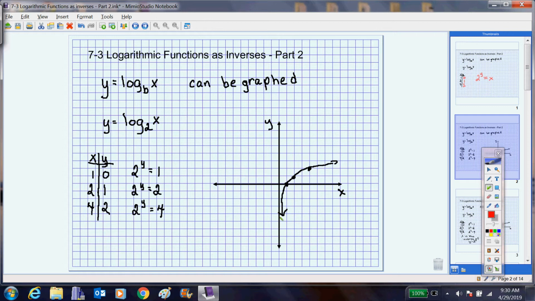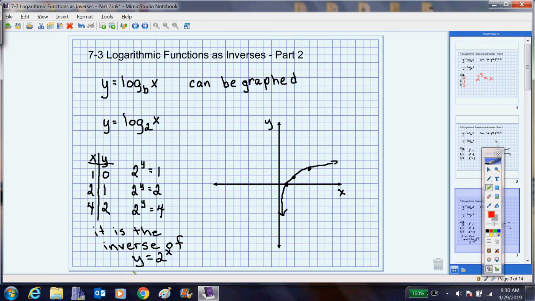What you might notice is that it looks somewhat like our exponential function that we had before. And the interesting thing about that is really because it does deal with exponents, it's actually the inverse of the exponential function. That's what logarithms are actually, inverses. Logarithmic functions as inverses. It is the inverse of y equals 2 to the x, because this is 2 to the y equals x.